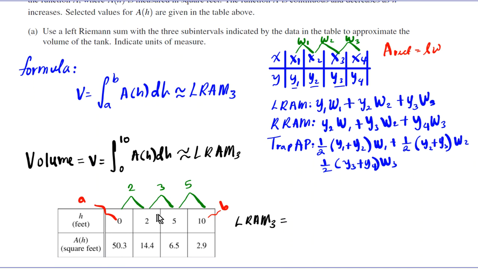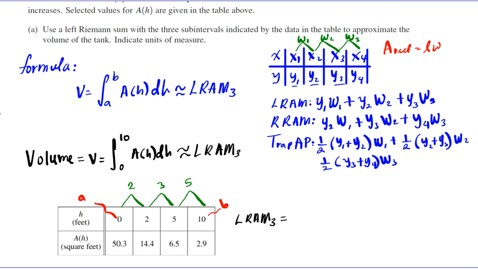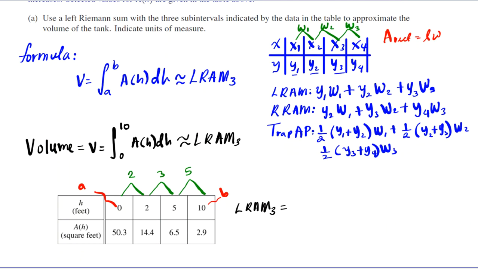They're all different. So don't assume that if the first width is 2, everything else is going to be 2. That would be a bad mistake to make. So calculate the widths of each rectangle or trapezoid and then compute the areas individually to minimize the odds of making mistakes.